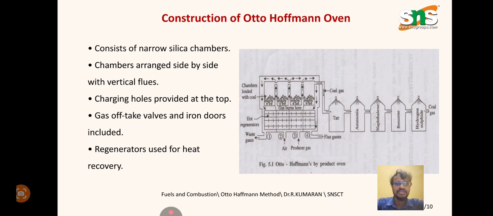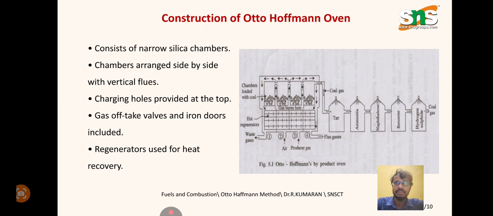It consists of narrow silica chambers arranged side by side with vertical flues, with charging holes provided at the top. Gas offtake valves and iron doors are also included. Hot regenerators will be there, which in turn give an equal amount of heat energy.